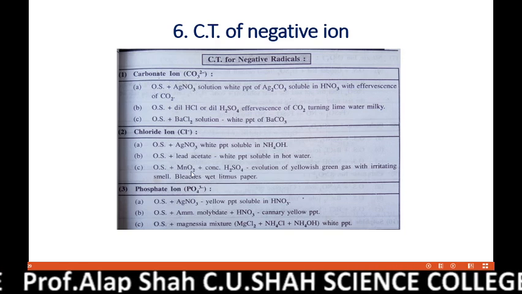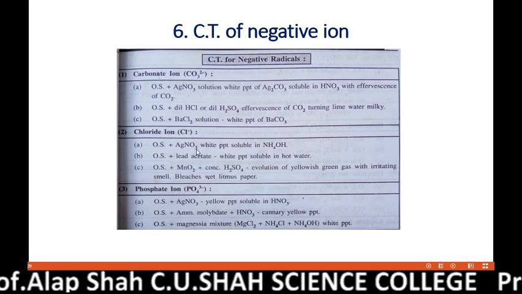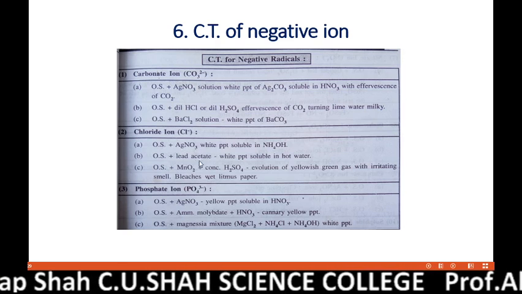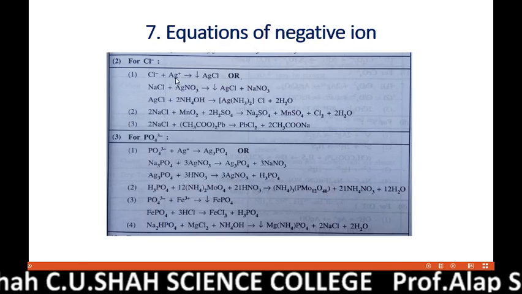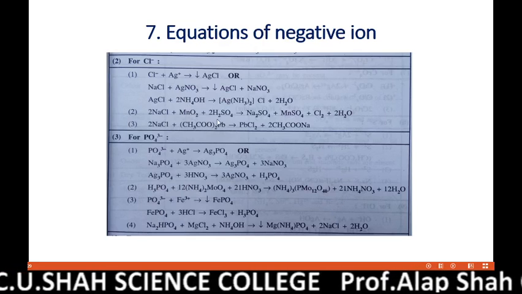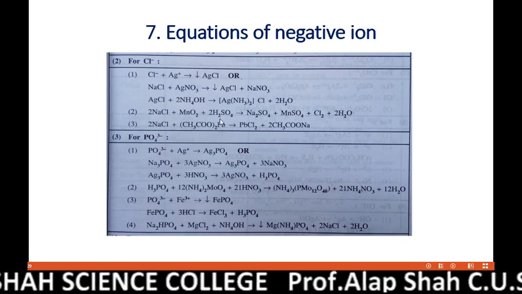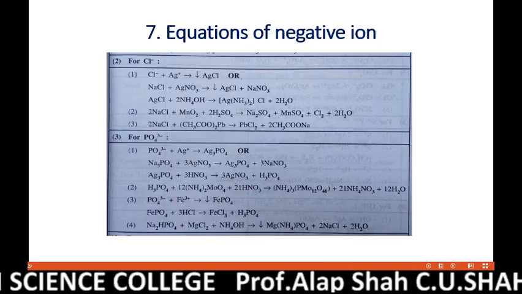Suppose chloride, then in the equations the same reagents will be given. See here the tests: AgNO3, lead acetate, MnO2 with sulfuric acid. So for chloride: AgNO3, MnO2 with sulfuric acid, lead acetate. Always remember that we are writing the same equations of the test, and finally you will write the result.